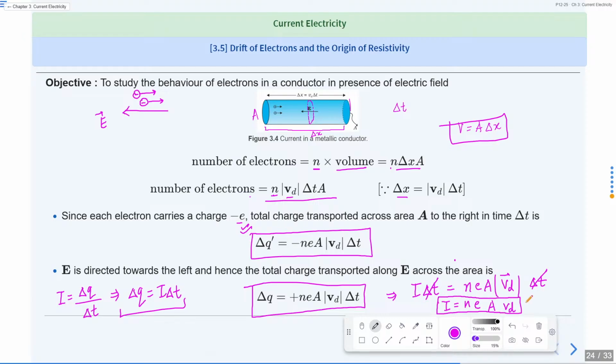This is a very important expression, the relation between drift velocity and current. We are going to use it in a question we'll do after 5 minutes. I equal to n e A Vd is the relation between current and drift velocity.